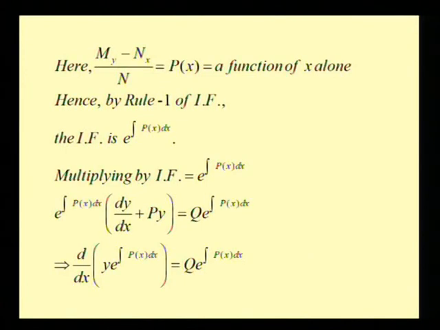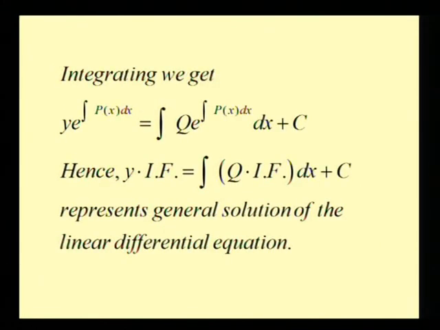Now the left hand side is directly a derivative, that is d by dx of y e raised to integral p dx, and therefore this is directly integrable. Integrating, we get y e raised to integral p dx equal to the integral of q e raised to integral p dx dx plus c, which is the solution.